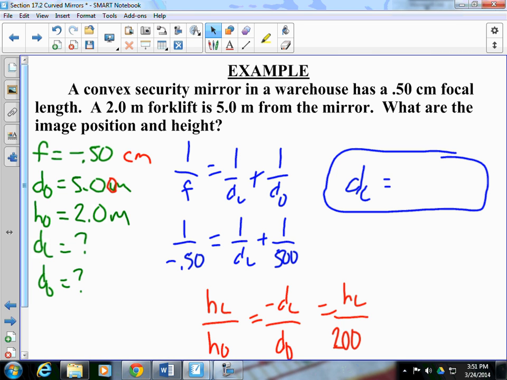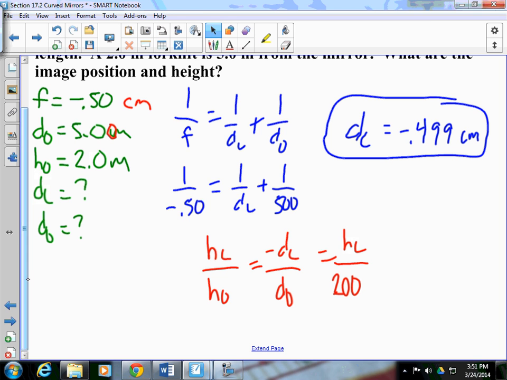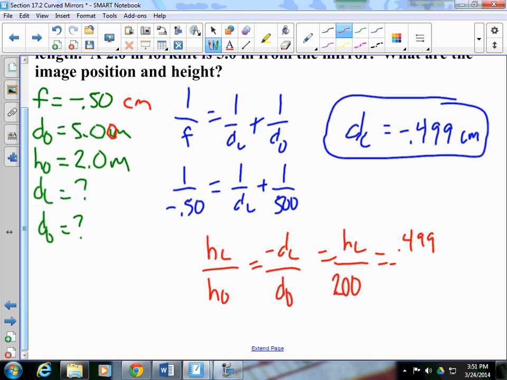I end up solving for it, and we end up getting negative 0.4995, which is really close to negative 0.45, but we'll leave it at 0.5 centimeters. So we're going to use our magnification, HI over HO, plug and chug again. HI divided by 200 is equal to negative DI, which a negative of a negative is a positive, so 0.499 divided by our DO.